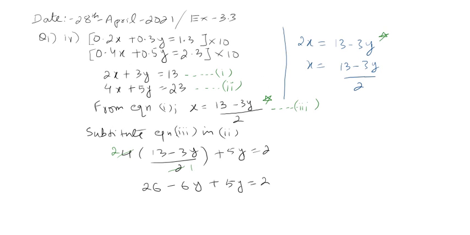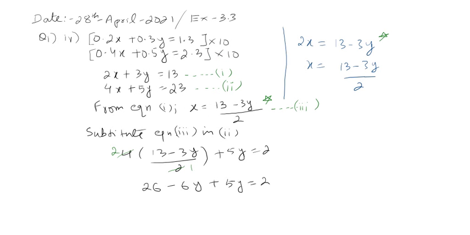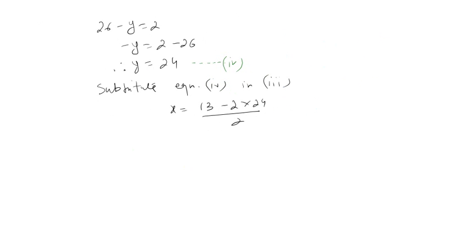Which is the 3? 3 is this one. So here we get x directly. So y will be 24, and x is equal to 13 minus 3 into 24, divided by 2. Okay, so I have to write 3, this is 3 into 24.